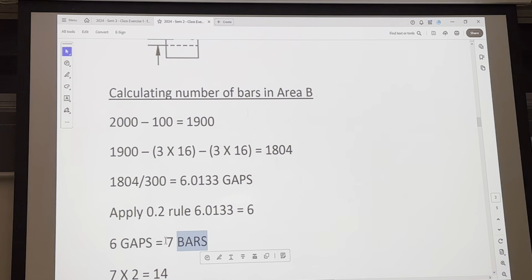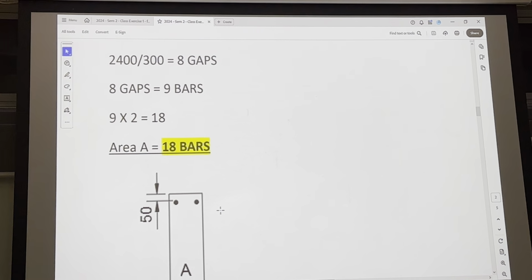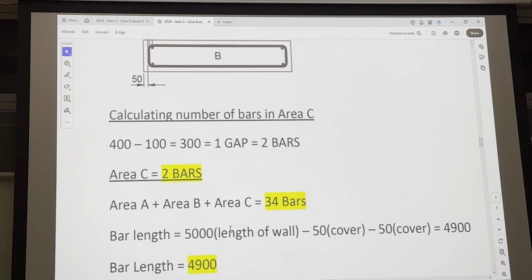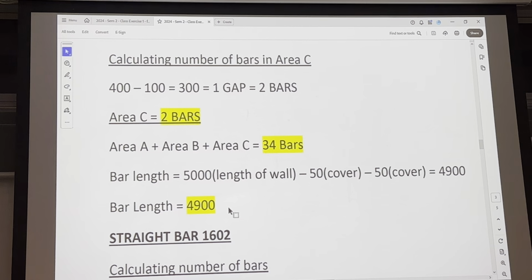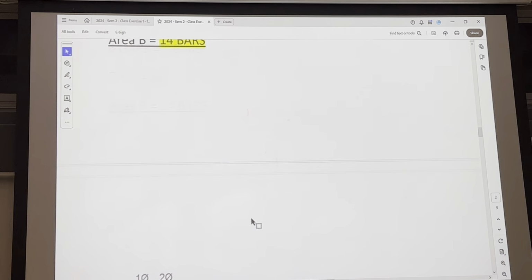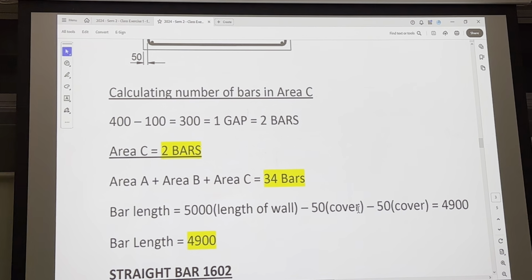The 7 bars equals 14 because there's one on one side, there's one at the top and one at the bottom. So 14 bars altogether. So section A was 18, section B was 14, section C is, you can only get one lot of bars in there. So it's 18 plus 14 plus 2 equals 34 bars.